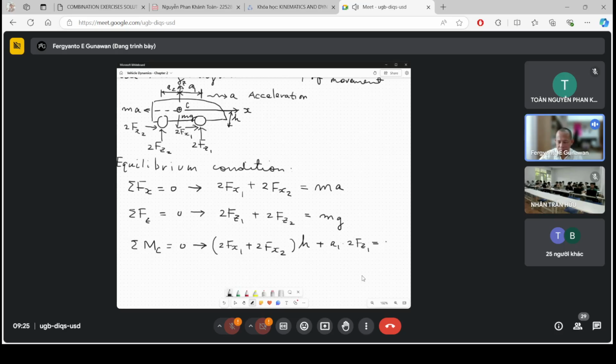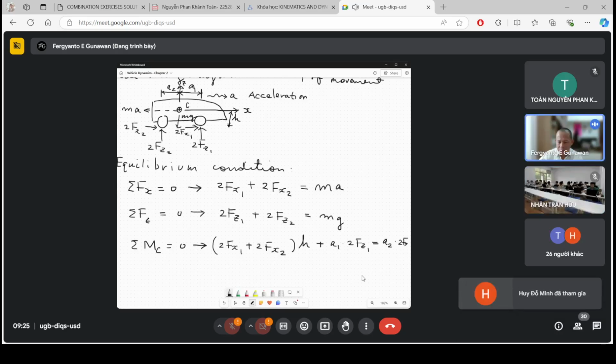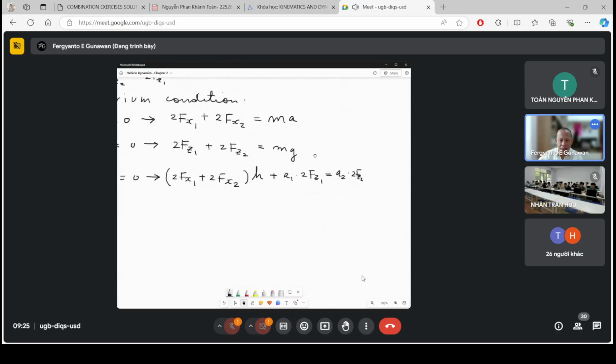It should be equal to a2 of 2 Fz2. It's not difficult to see that we can rearrange all the equations, and I'm going to write it down here.